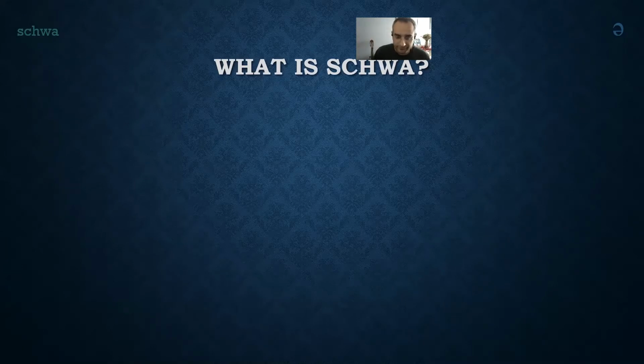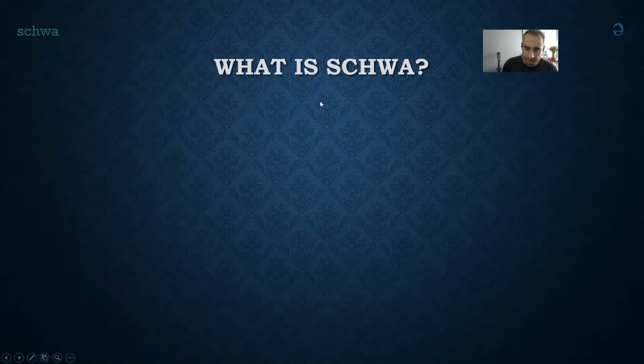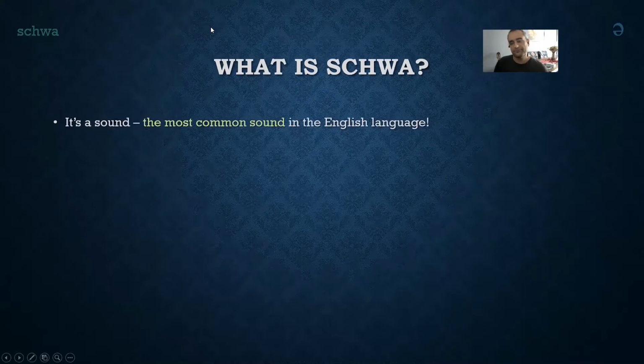All right. So what is schwa? It's a vowel sound, and it's the most common sound in the English language. Now, schwa is a mid vowel. What does that mean?